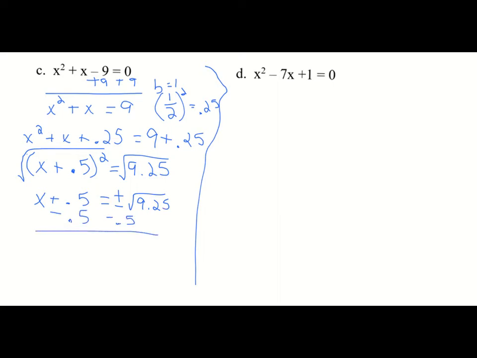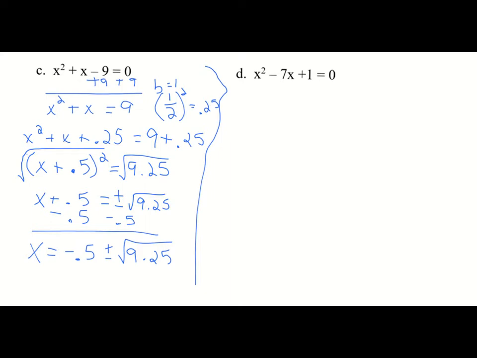And my final answer is going to be x is equal to negative 5/10 plus or minus the square root of 9 and 25/100. And 9 and 25/100, even though they're both perfect squares separately, together as a decimal, it does not make for a perfect square. So we are going to leave it in that format, and there's no simplifying we can do.